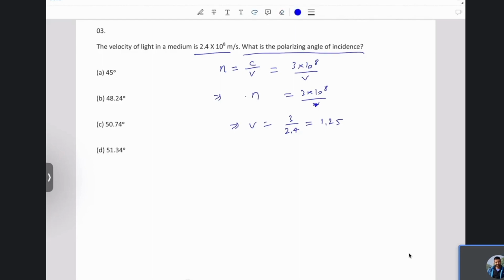Then we have to calculate the polarizing angle, for which you know the formula, which is tan inverse of the refractive index. Tan inverse of 1.25 you can calculate using a calculator. It is 51.34 degrees. Fine. It's just the opposite problem from the first problem.